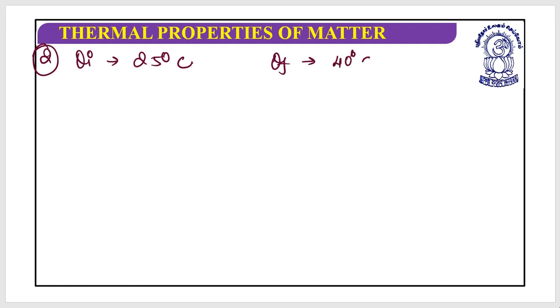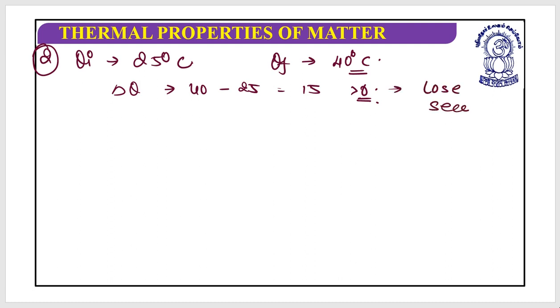In this case, delta theta is 40 minus 25, which is 15, and which is greater than 0. When delta theta is greater than 0, it is going to lose seconds. How many seconds I need to calculate, but I'm sure that it is going to lose something. So this could be written as delta t by t.